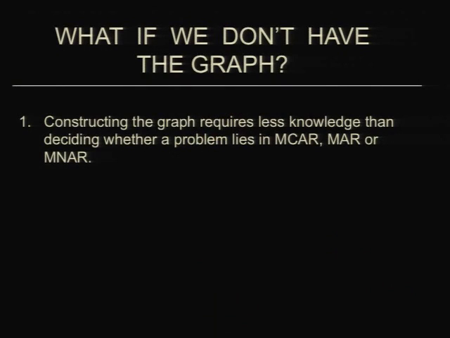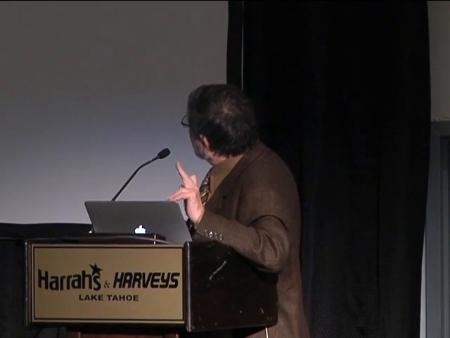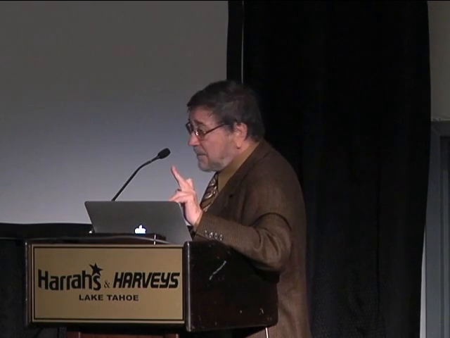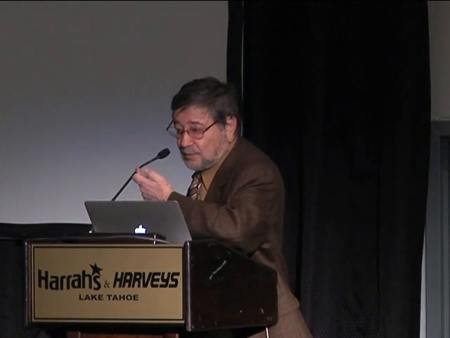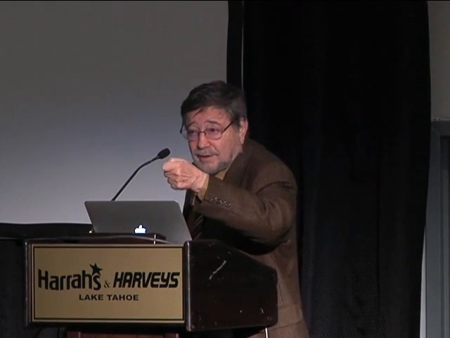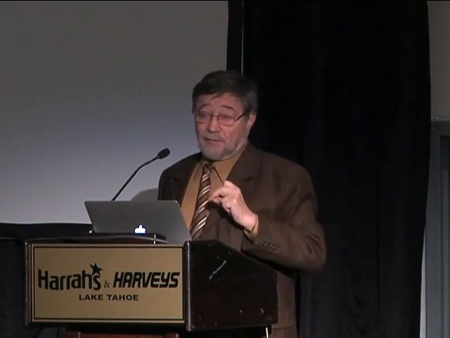Constructing the graph requires less knowledge than deciding whether the problem lies in MCAR, MAR, or MNAR. This is standard literature. Everybody swears by this taxonomy. But deciding which category your problem lies in requires more knowledge than constructing the graph. Why?